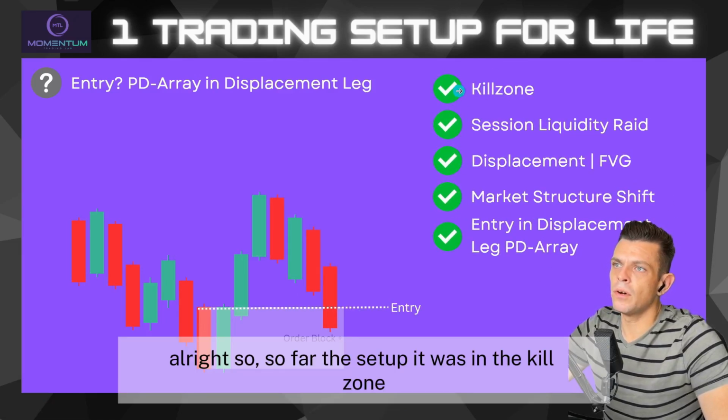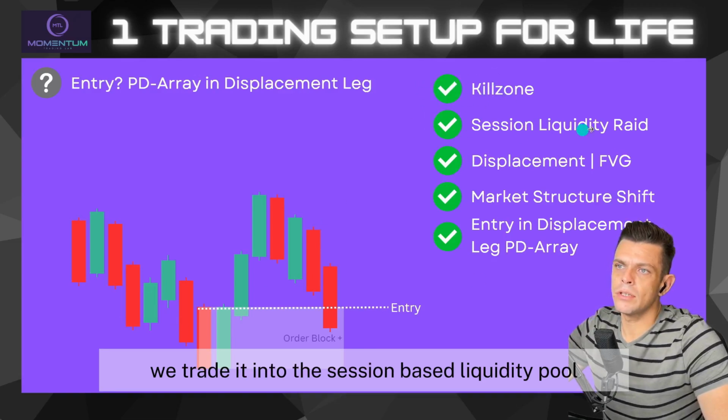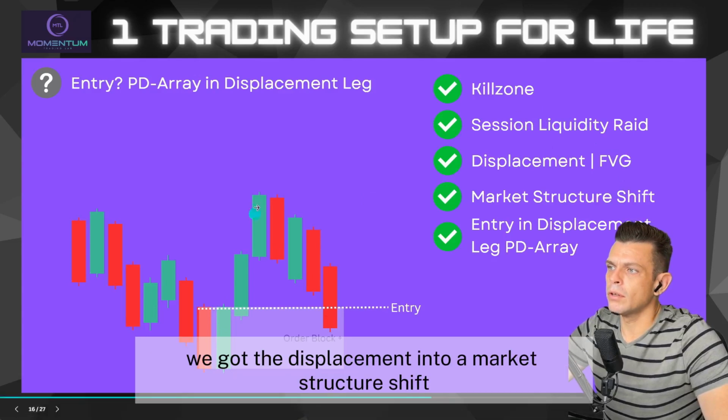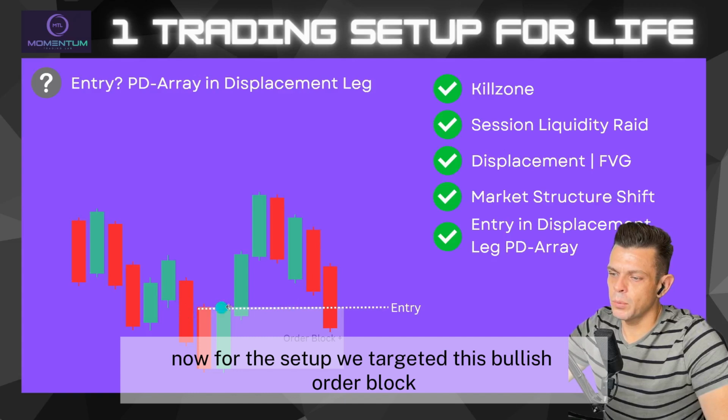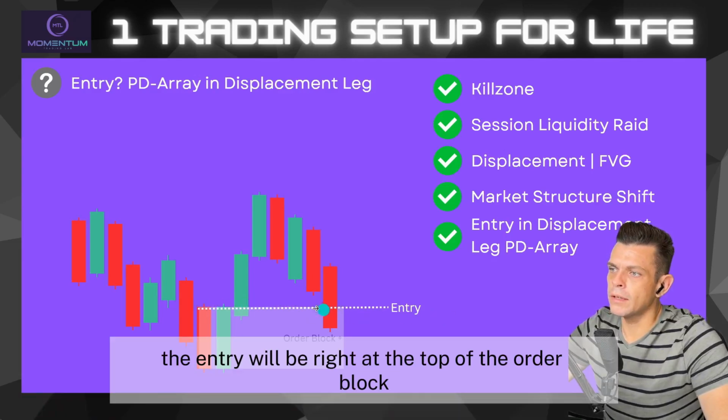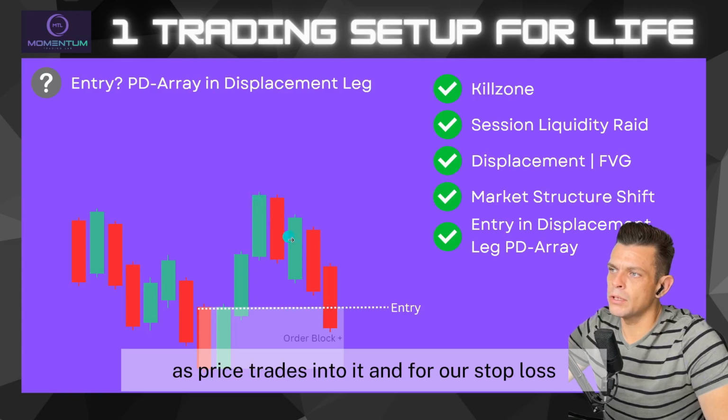All right, so far the setup, it was in the kill zone. We traded into the session-based liquidity pool. We got the displacement into a market structure shift. Now for the setup, we targeted this bullish order block. So the entry will be right at the top of the order block as price trades into it.